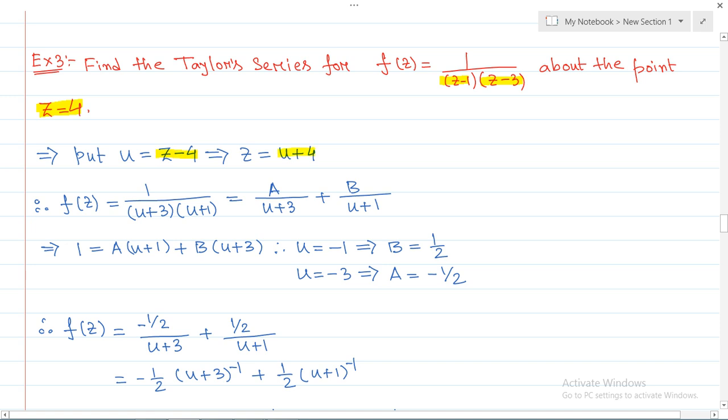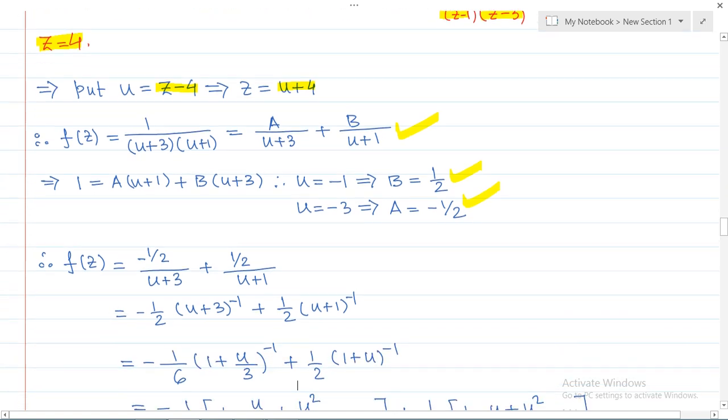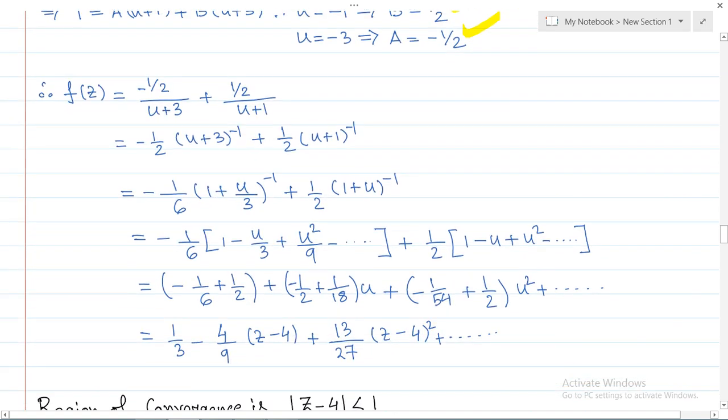Like the previous question we have done, the same process we have to repeat. And finally, after doing the partial fraction, getting the values of the coefficients a as well as b, we have to substitute in the function, and we have to write down the series expansion formula that we have received previously, that is, 1 plus x whole inverse, 1 minus x whole inverse.